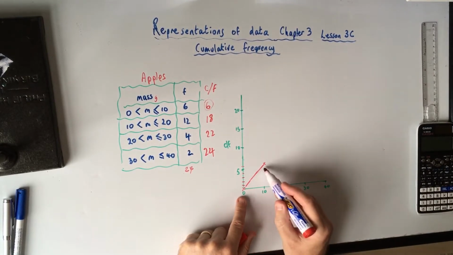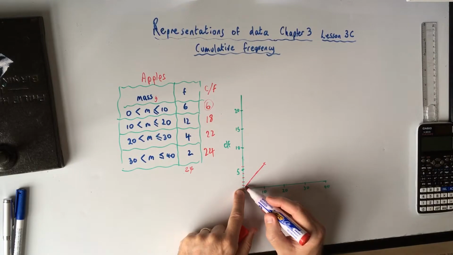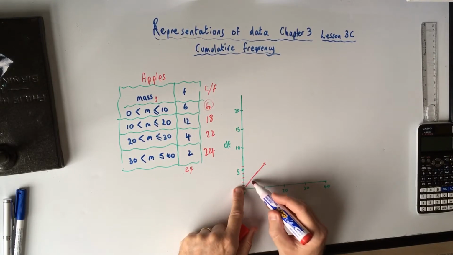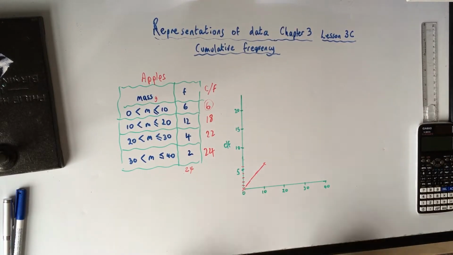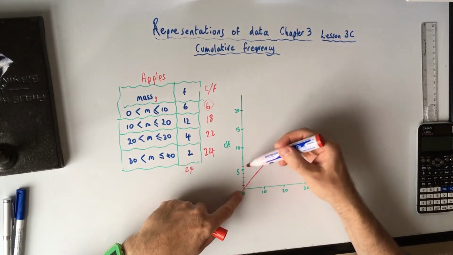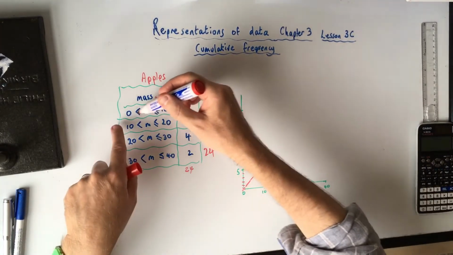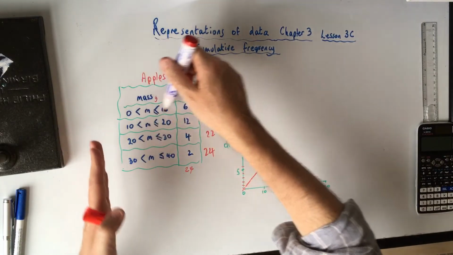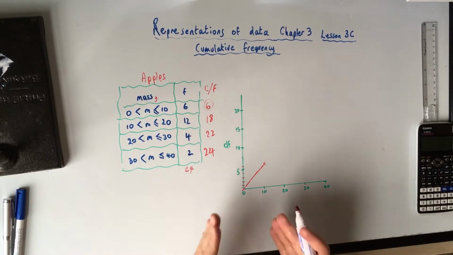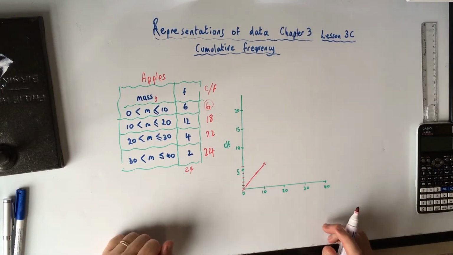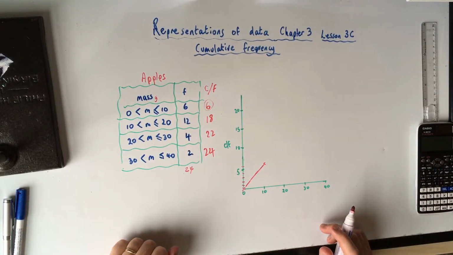It divides this up like interpolation, and it gives a weight for every apple in that group. And because it's a straight line, it assumes that all of the apples within this group, these 6 apples, are evenly spread between 0 and 10 grams. Okay, and that's what interpolation does, doesn't it? That's the assumption that we make with interpolation.